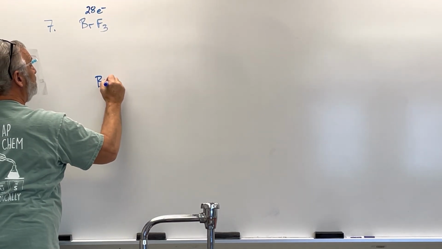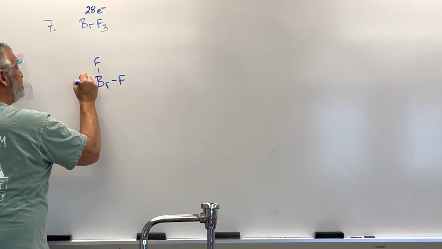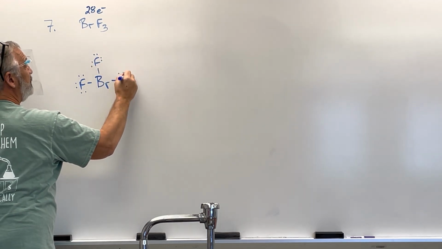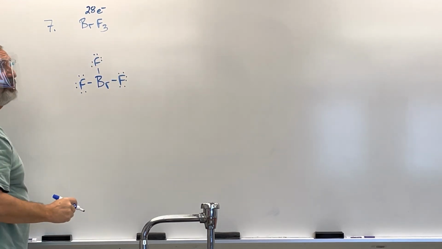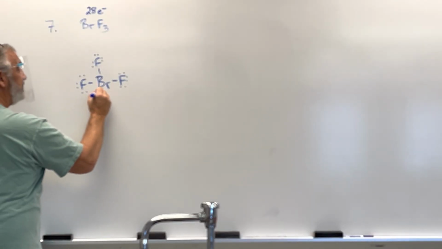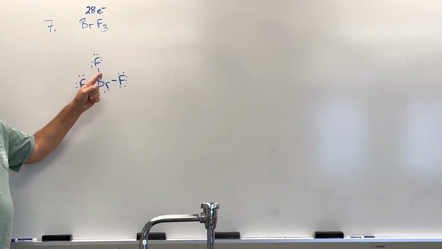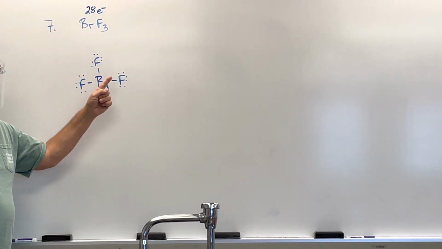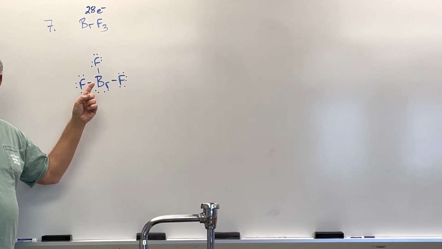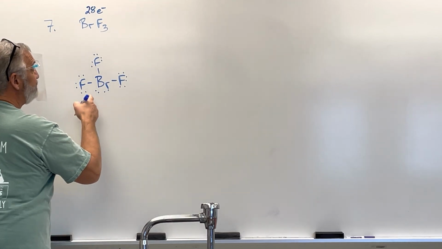Just go bromine, fluorine, fluorine, fluorine: 2, 4, 6, 8, 10, 12, 14, 16, 18, 20, 22, 24. Where do the extra electrons go? On the bromine. 26, 28. Now that gives me 5 pair of electrons around that central atom. So what do we call that? An expanded octet. Now, that's my Lewis dot structure.